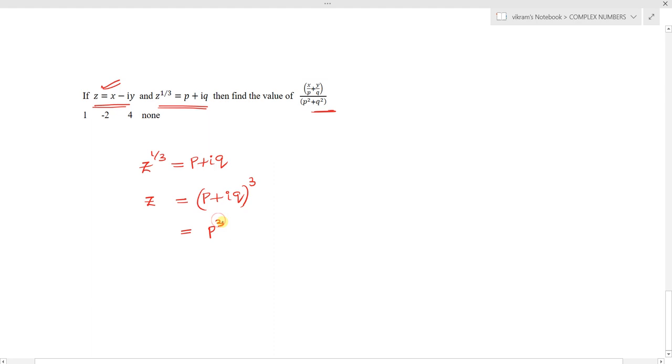We get p cube minus 3pq square, plus i times (3p square q minus q cube).